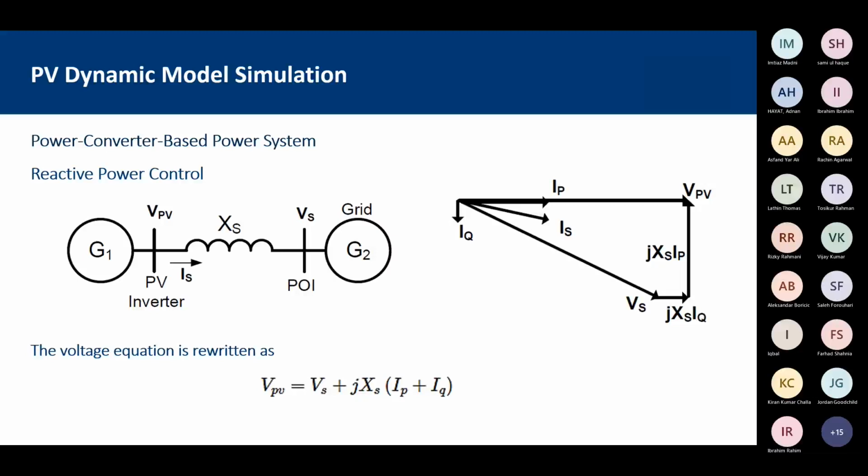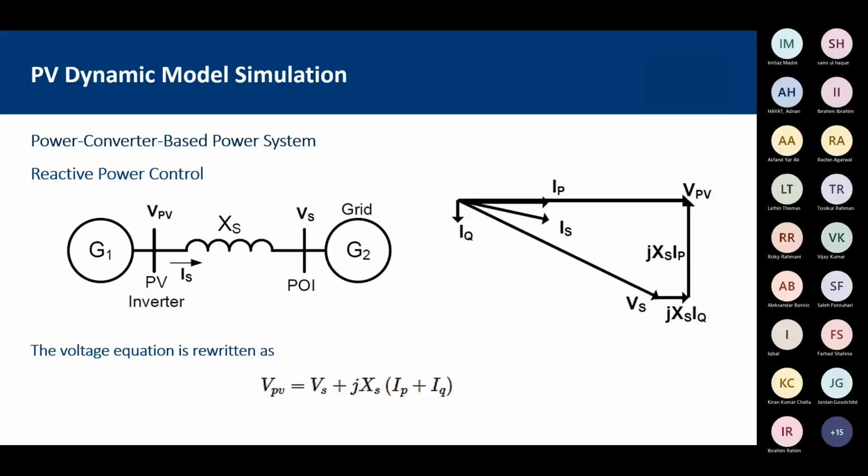So this can be implemented by increasing the real power output while maintaining the same condition, VPV equal to VS. When it is an equal voltage condition, both sides will share the reactive power loss in the line reactance. And when the IS increases, the power angle obviously increases as well. But we need to maintain the condition where VPV has to be equal to VS, right?